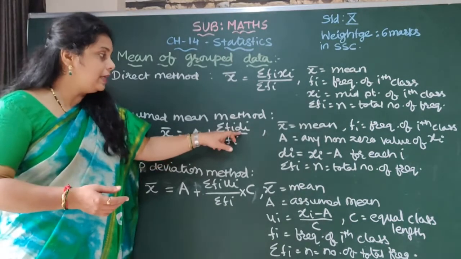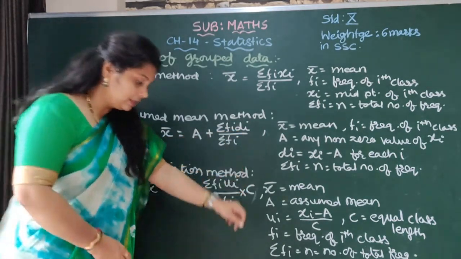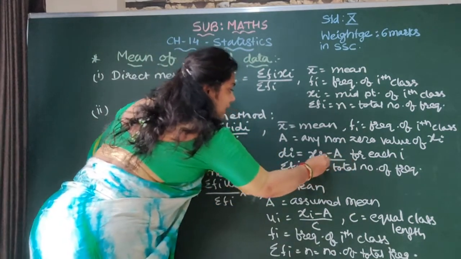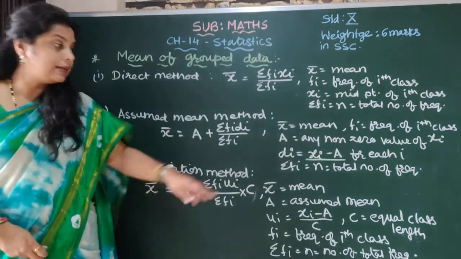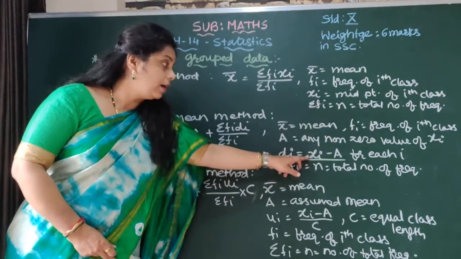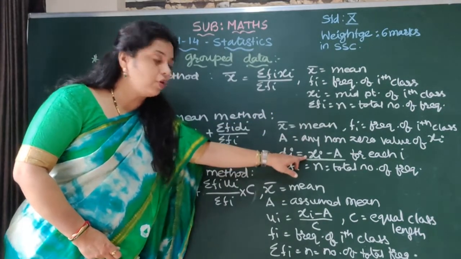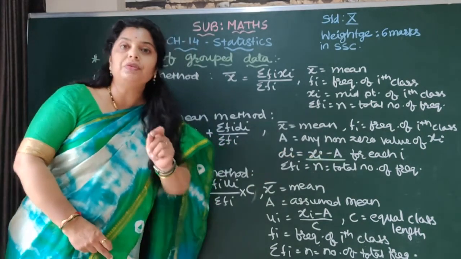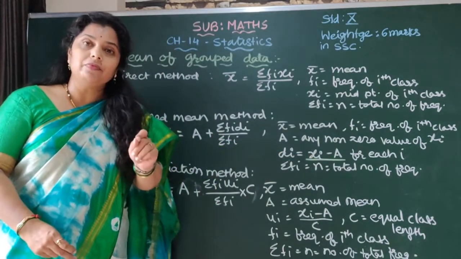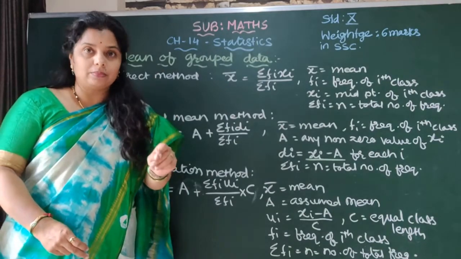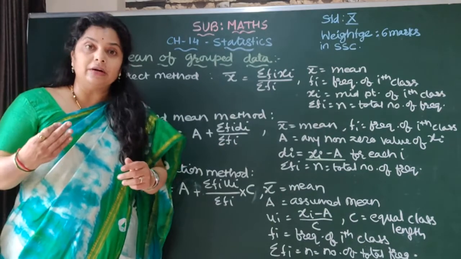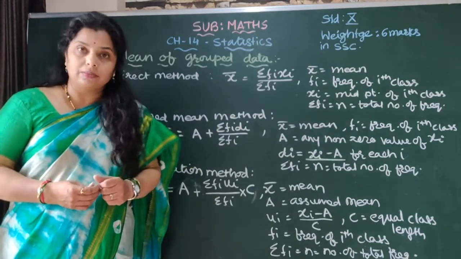Now di, again, it is xi minus A. See, xi is a midpoint of ith class, and value A, once we fixed, it is same for all the sum, all the classes. Okay, you will get better idea when we will do this sum.